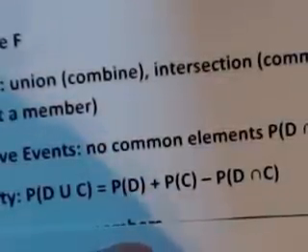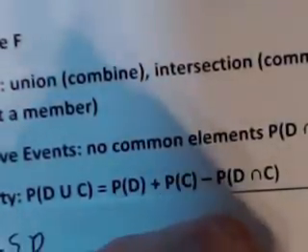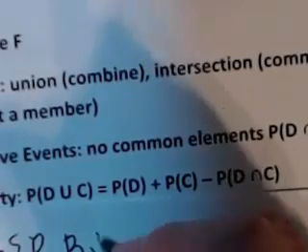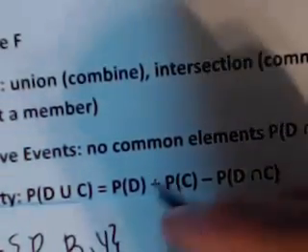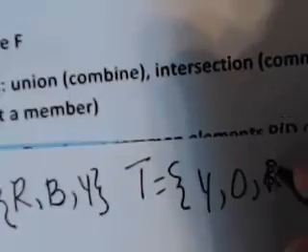For example, when we have E is equal to the set of red, blue, and yellow, and we have T that is equal to the set yellow, orange, and purple.